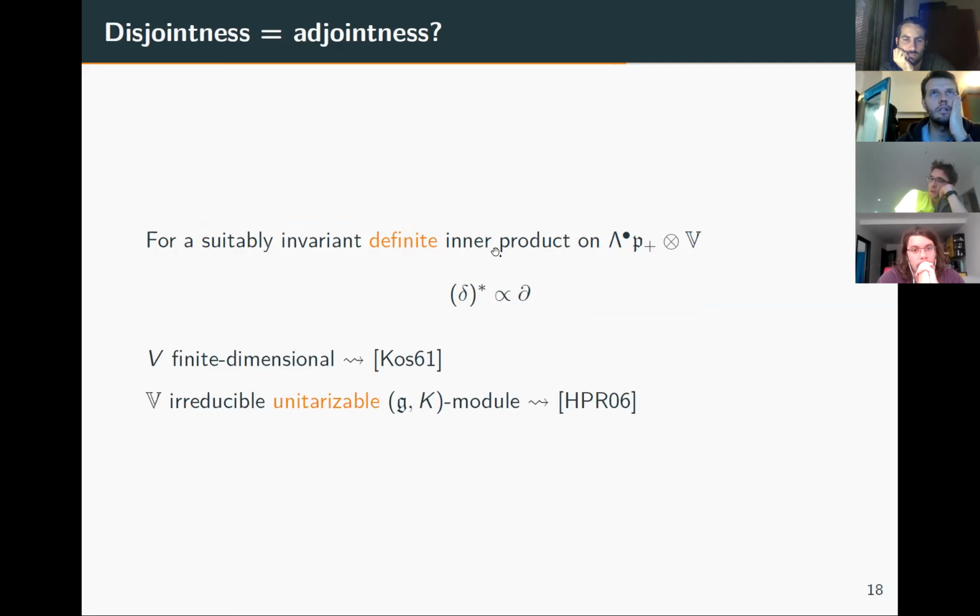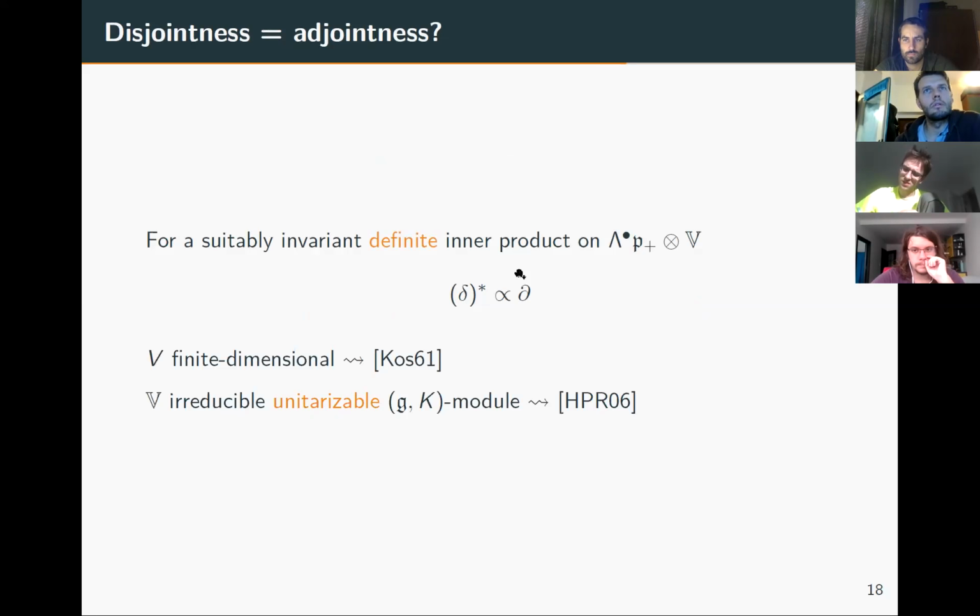This invariant definite inner product was found by Kostant for any finite dimensional representation of G, not of P, but of G, and it was given by definition for irreducible unitarizable modules of any dimension. But let's leave that aside.